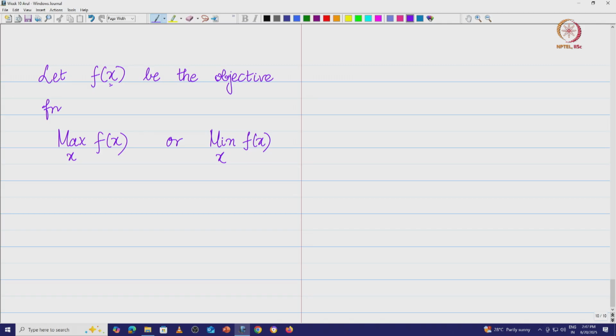So, when I write maximize f of x, minimize f of x, I do not have any kind of restrictions on x. There are no restrictions on x, and such optimization problems are called unconstrained optimization problems.